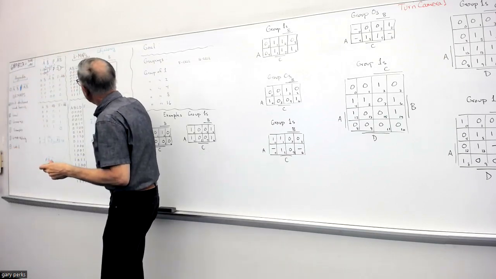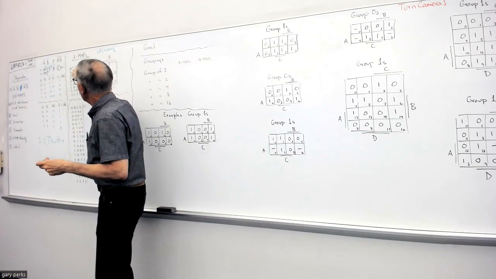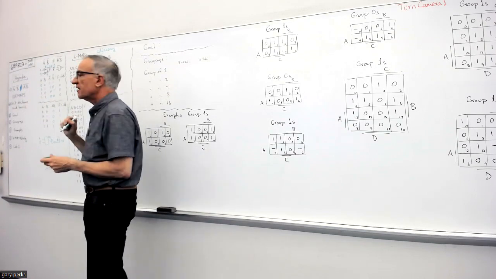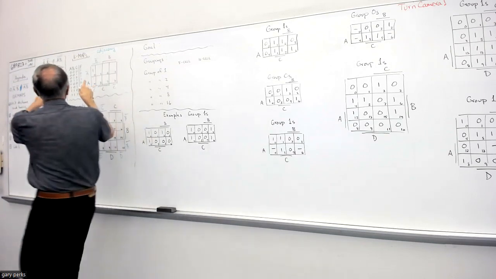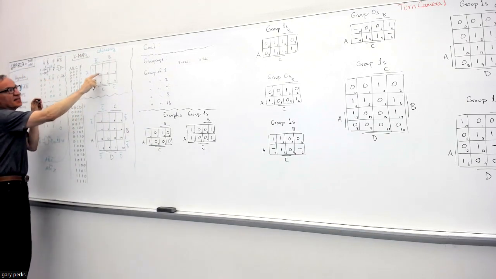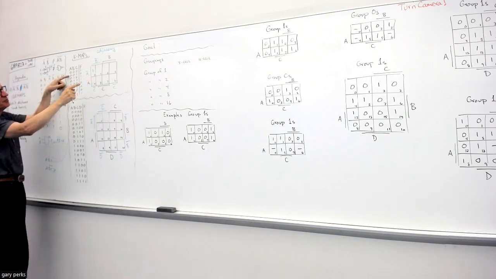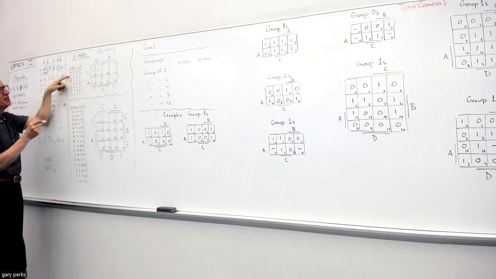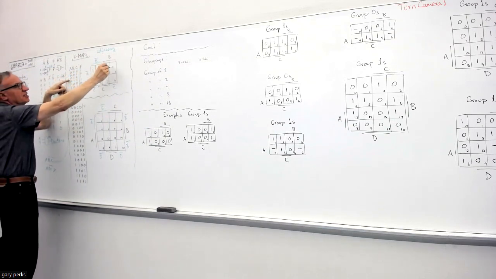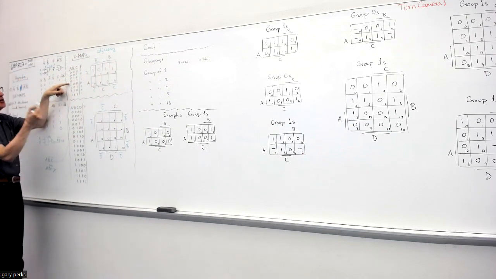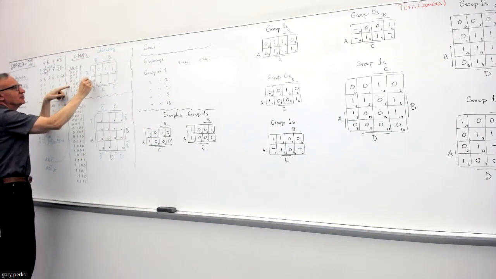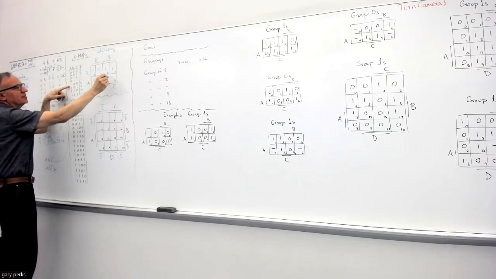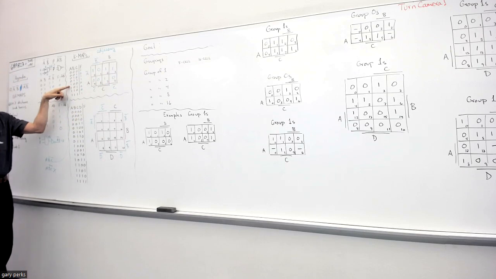So, index 0, which is input 0, output is 1. So you see I put a 1 there. And then cell 1, which is index 1, which is input 1, well, output for that input is 0. So you see inside each cell goes the output corresponding to that input index. So this would be 0, this would be 0, this would be 0, this would be 1.